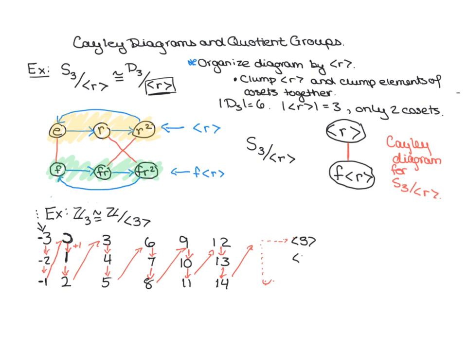In the second row, I have the subgroup 3 plus 1. This is a coset. Instead of writing like 1 times 3, I'm just writing the plus because we know that this is our operation. And then in the third line, this is 3 plus 2.